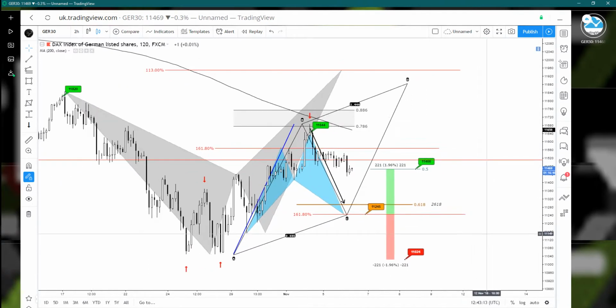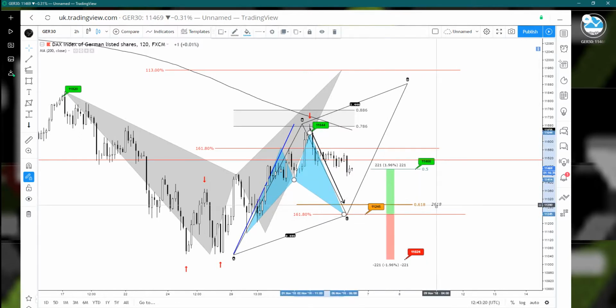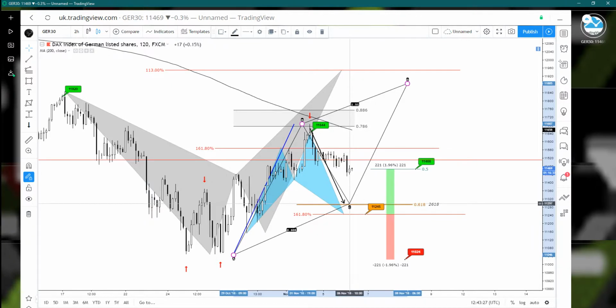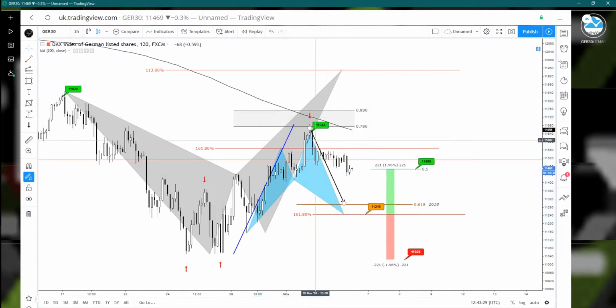But well, we wait for the completion point for this eventual bullish shark pattern at confluence with these 2618 trade setup, and we try to take advantage from here. So 1124 is my entry point. Stops position below and targets at those levels.